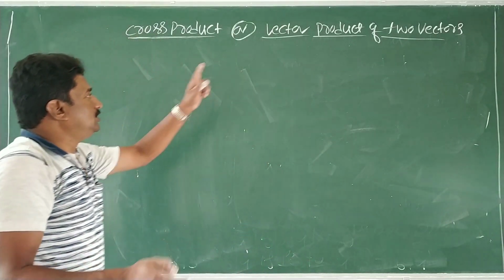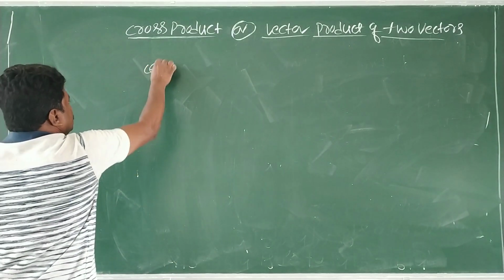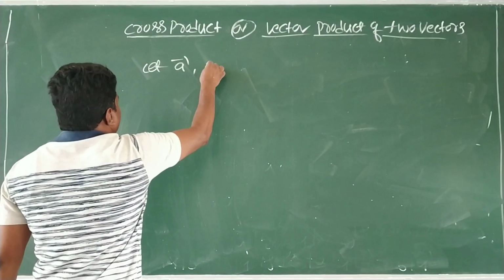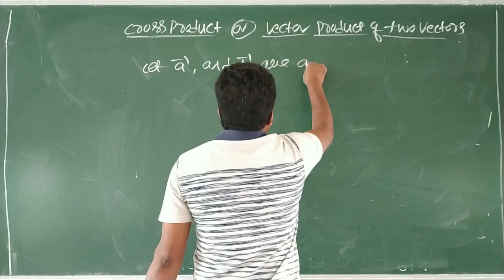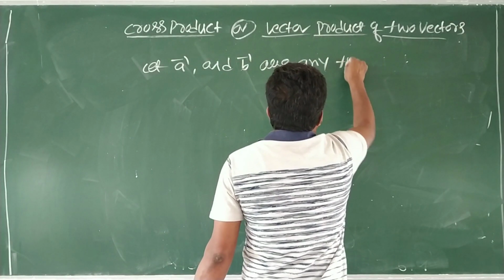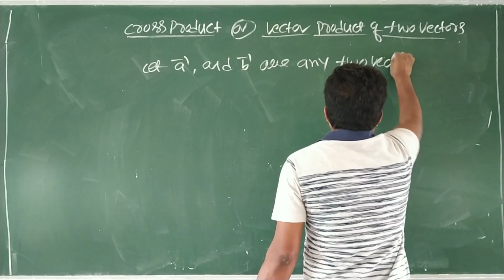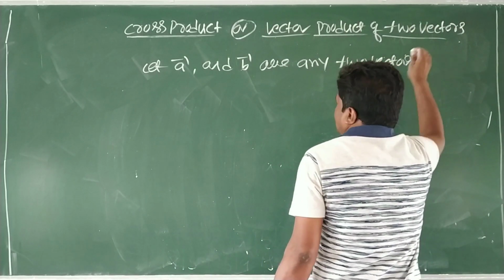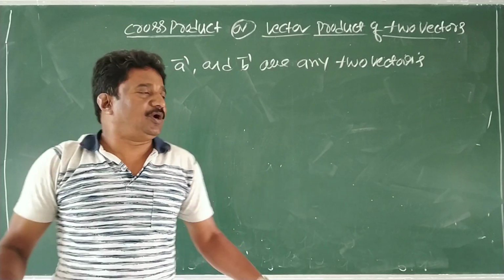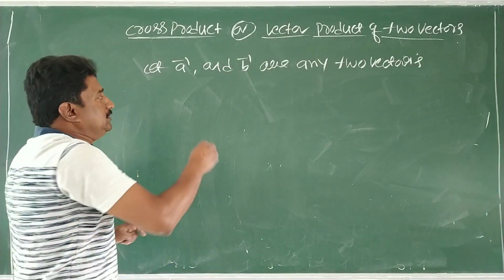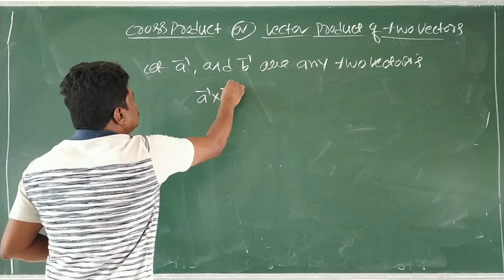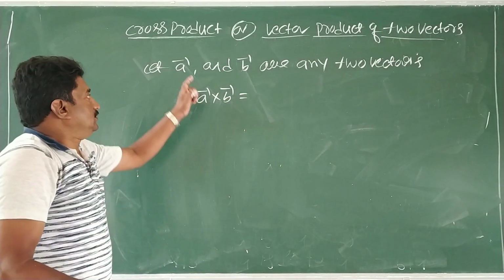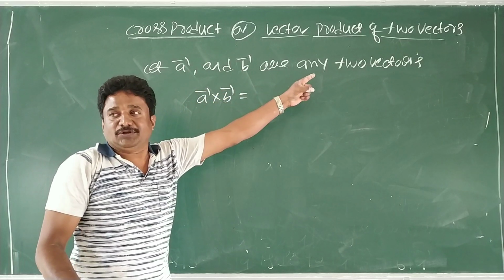Let vector A and vector B be any two vectors. Then the cross product of vector A and vector B is written as A cross B.